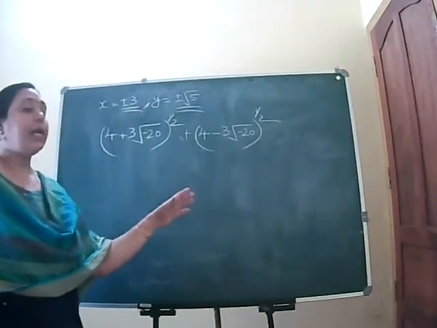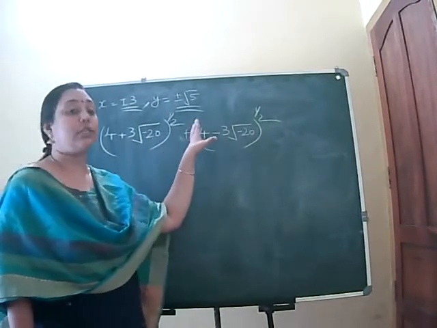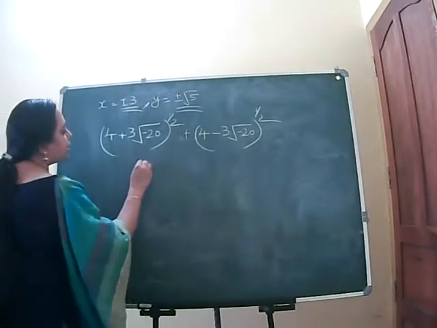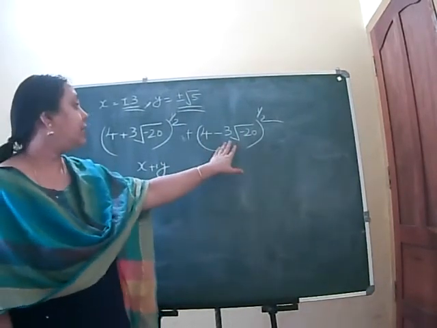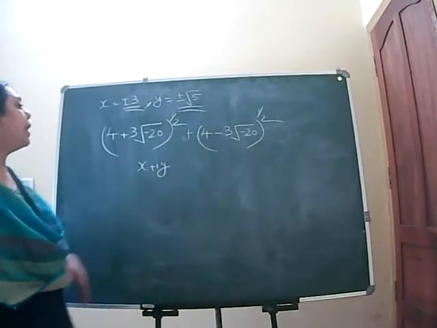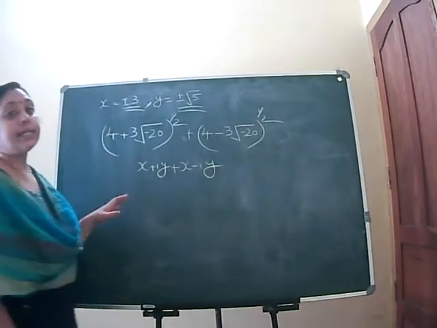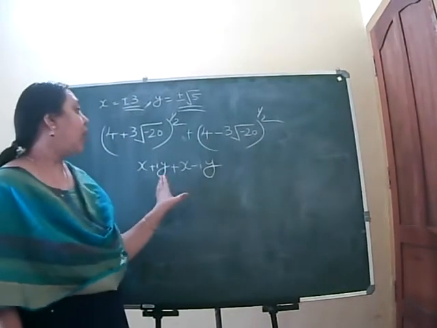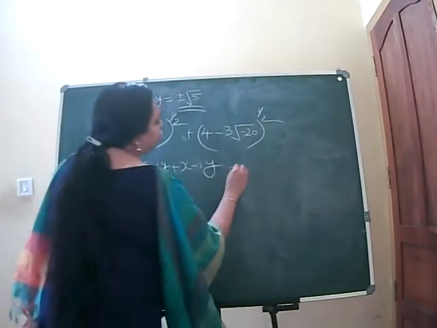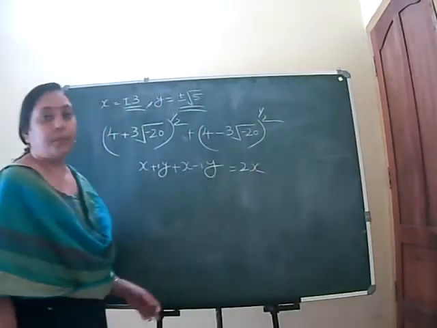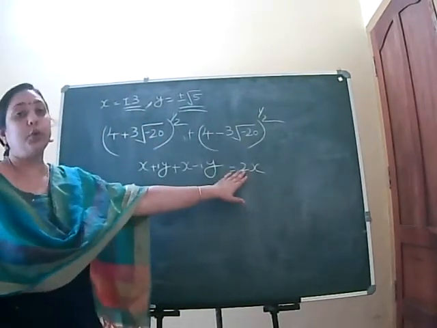We have arbitrarily taken the value of 4 plus 3 into square root of minus 20 the whole raised to half as x plus iy, and this expression is the conjugate of this, that is x minus iy. So we have to find the value of x plus iy plus x minus iy, that is 2x. Okay, that is the value of this whole expression is 2x.